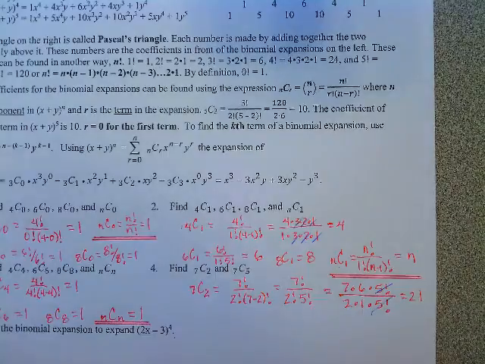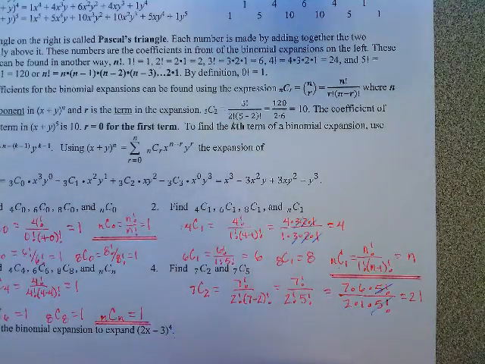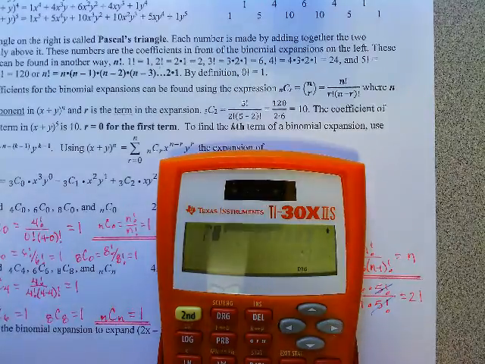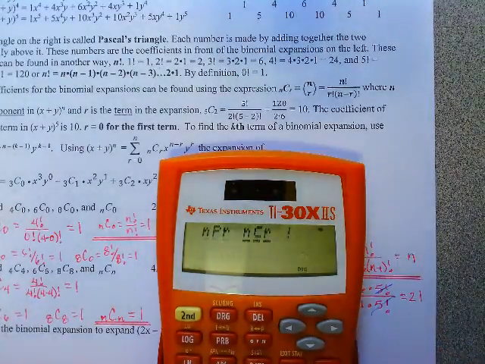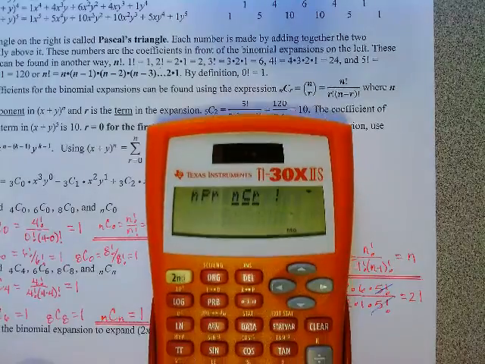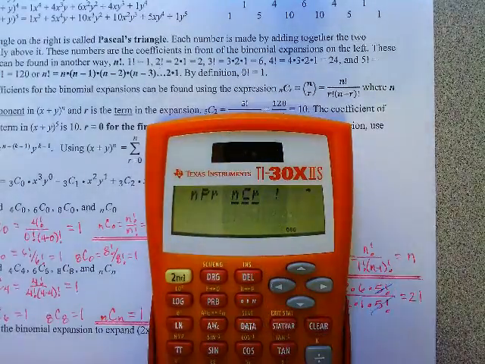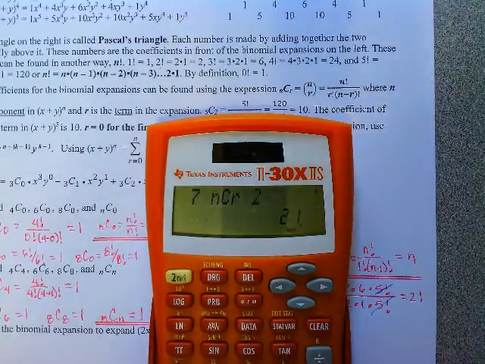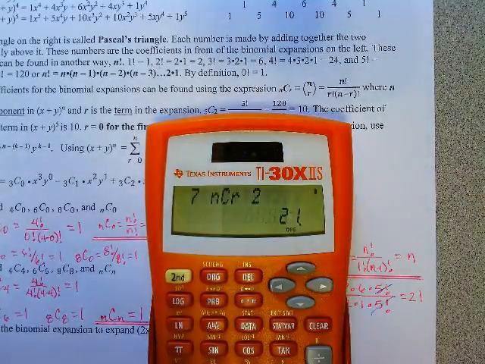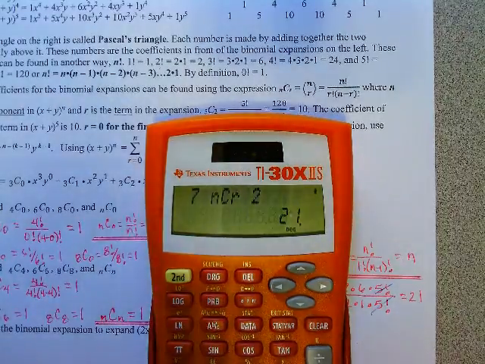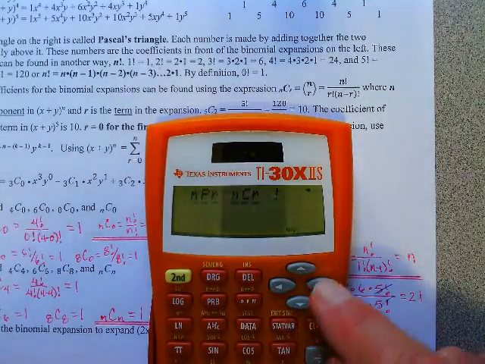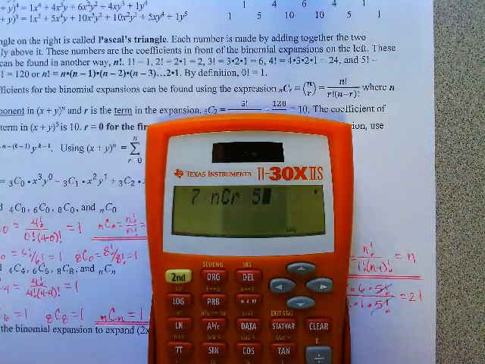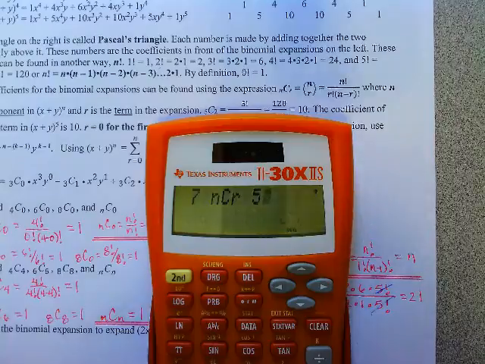Now, instead of doing it the long way, let's go ahead and look at our calculator. And so we'll go 7 PRB, move it over to the nCr, hit enter, hit 2, enter again, there's my 21. Okay, now we're going to do the next one. 7 PRB, slide over to the nCr, enter, hit 5, and then hit enter again.